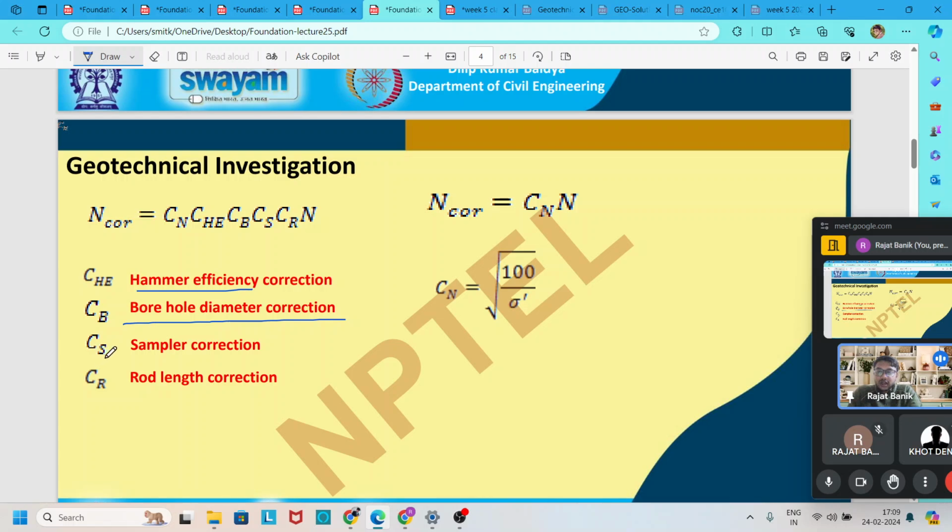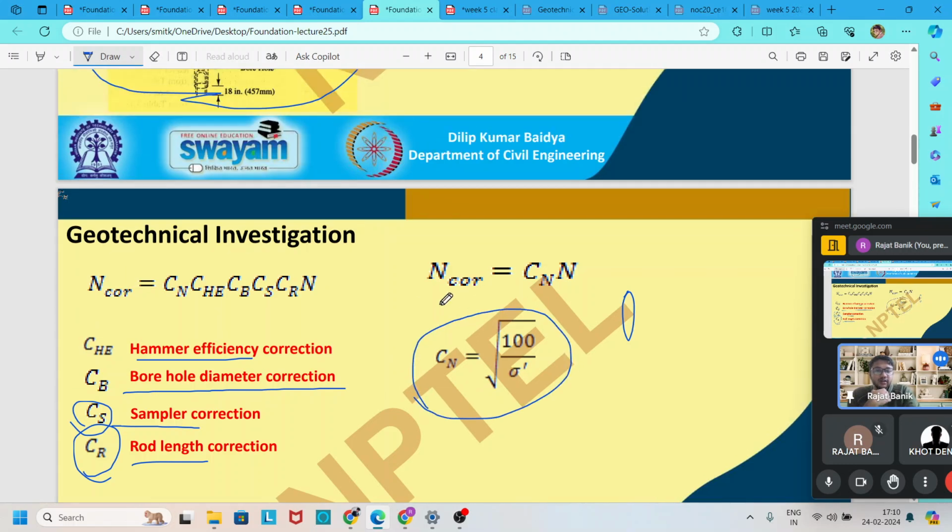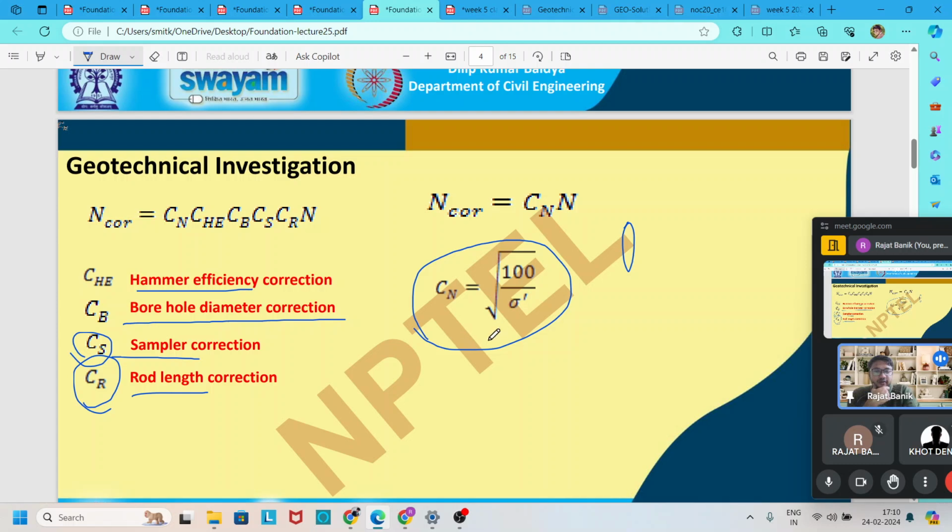Also, we need a correction for the sampler, because sometimes there may be errors in the sampler. We also need a correction factor for rod length, and the most important correction is for overburden pressure, which depends on the effective stress from the ground surface.